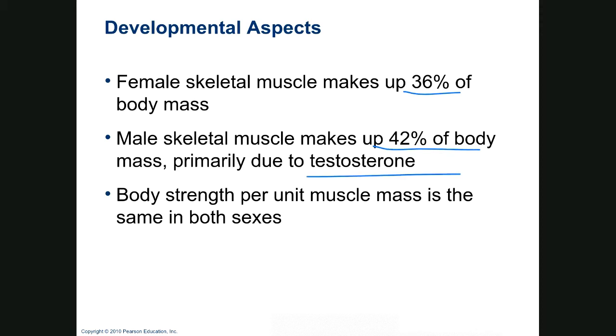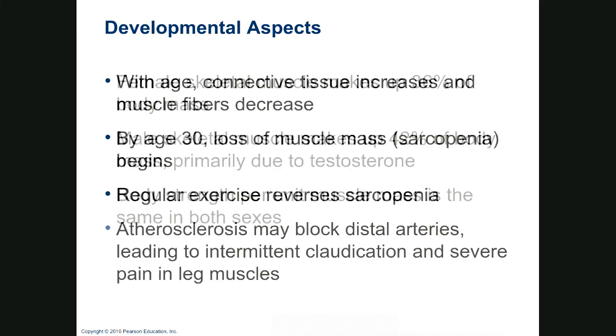But the strength per unit muscle mass is the same in both sexes. So to the gentlemen listening to this, if you know the female rangers that graduated from Ranger School at Fort Benning and you're the same size they are, I would not pick a fight with them because those ladies are tough. They've got tremendous muscle mass compared to the average female their size.